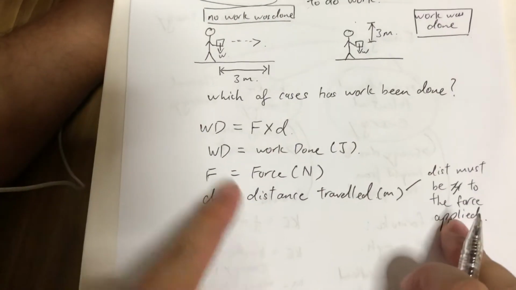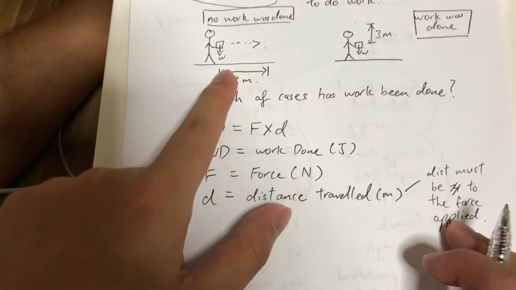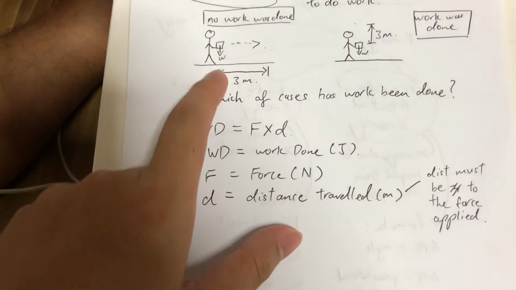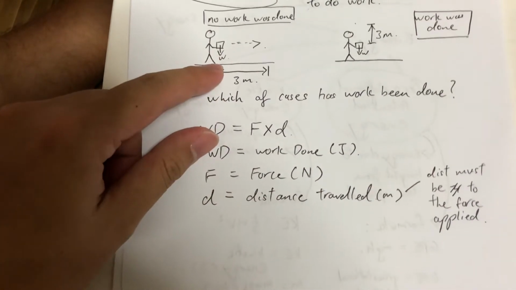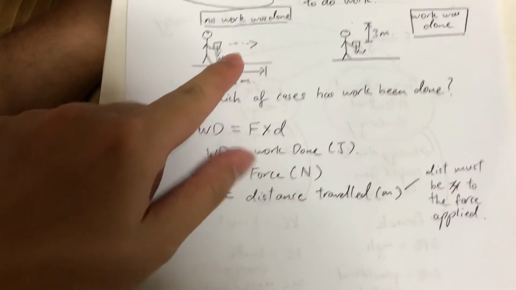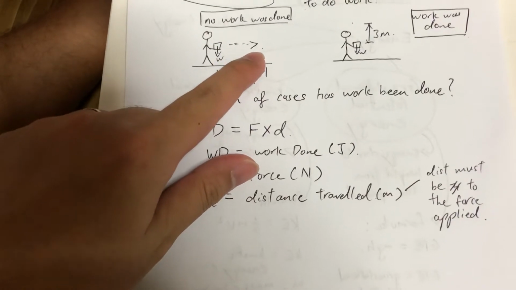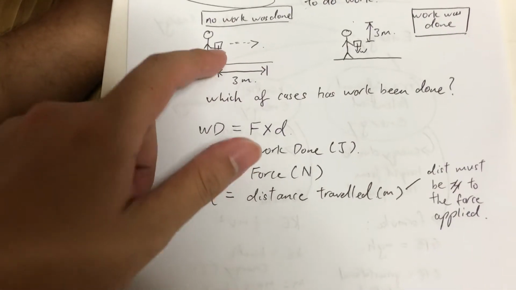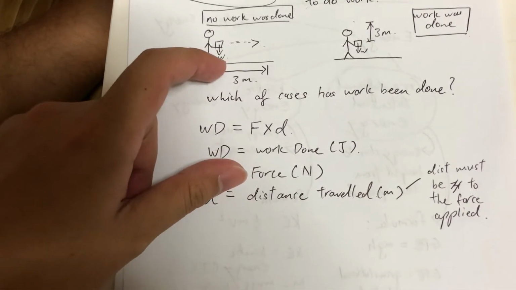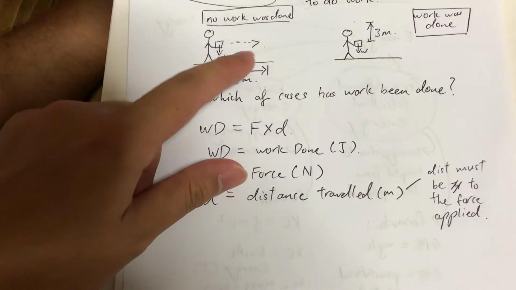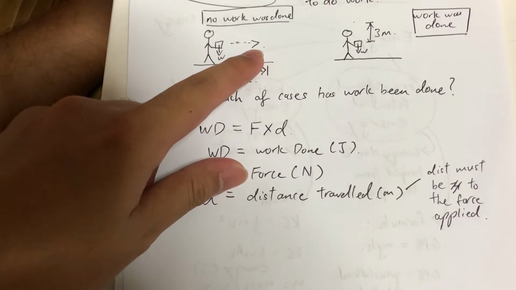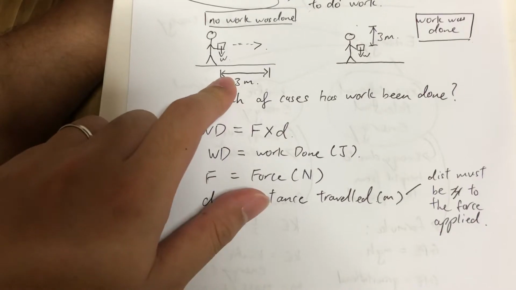If you look at the two cases again, in this case the weight of the object is pointing downwards, but the box is traveling to the right. So the force is not parallel to the distance traveled, hence there is no work done.